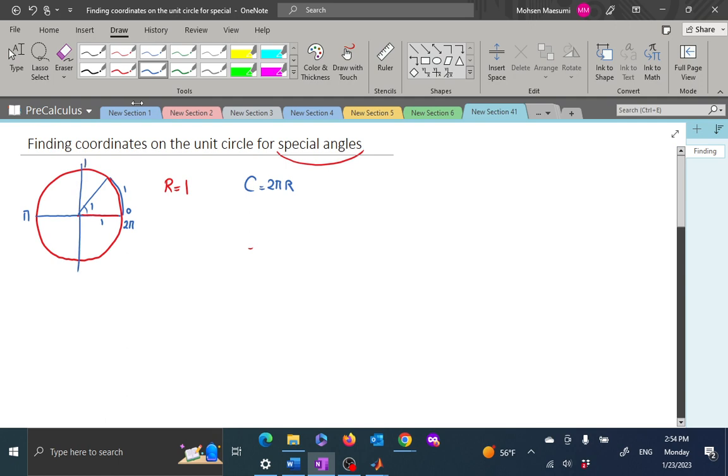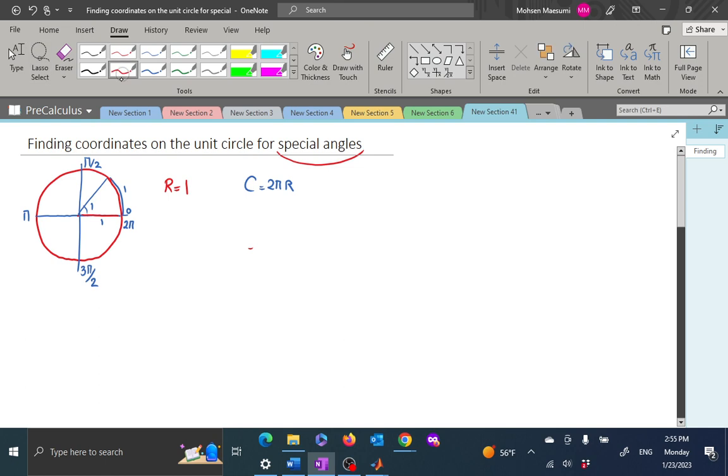By the time I have reached this location, I am at pi over 2, and if I go an extra pi over 2, I'll be at 3 pi over 2, and once I finish the circle, I'm back at where I started. I'll be at 2 pi. So we are going to remember these 4 corners of the circle. We are at 0, pi over 2, pi, and 3 pi over 2.